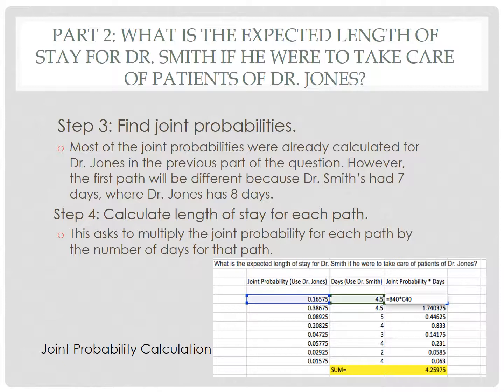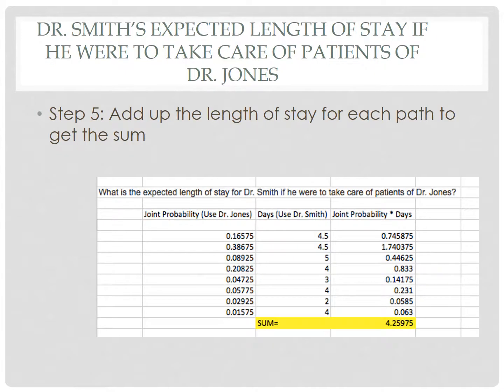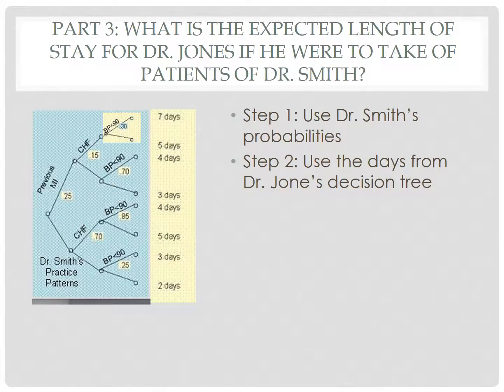Then we will calculate the length of stay for each path. When following the same procedures and summing up each length of stay, we see that if Dr. Smith were to take care of Dr. Jones's patients, the expected length of stay would be 4.25975 days.